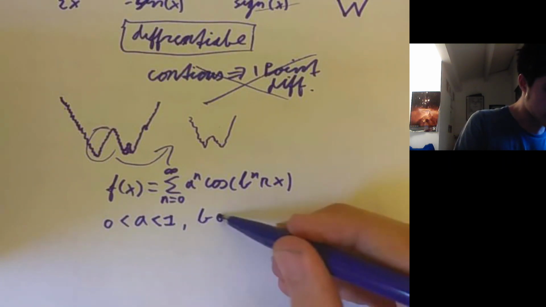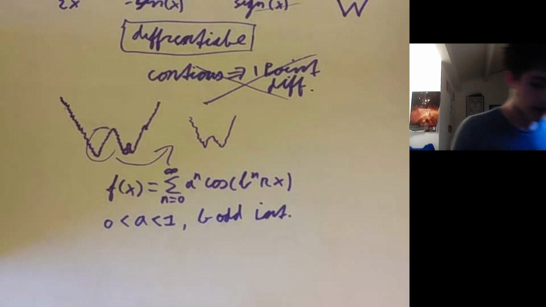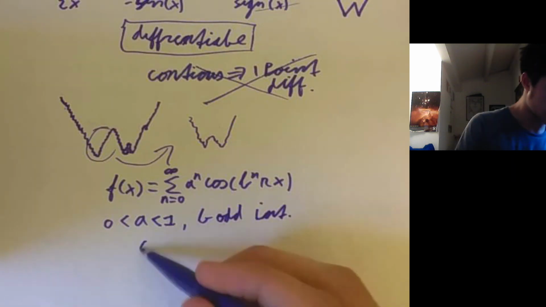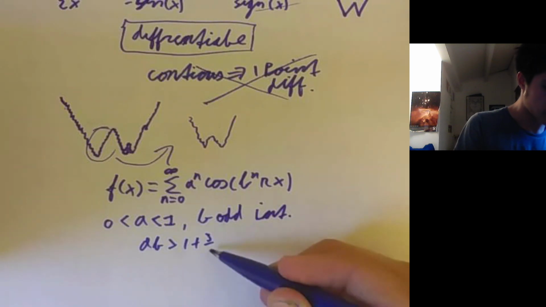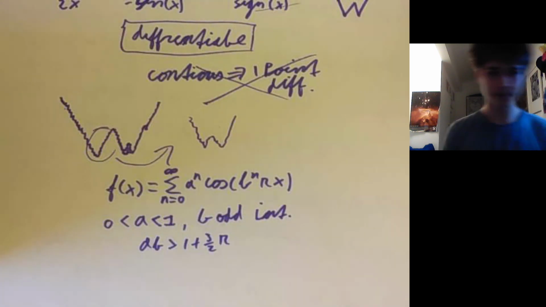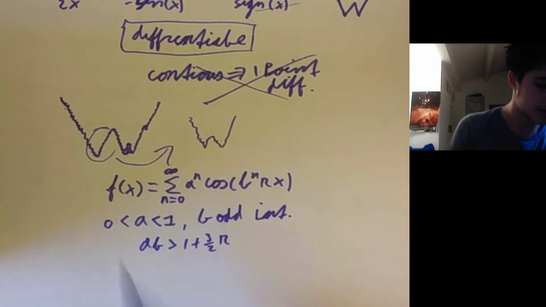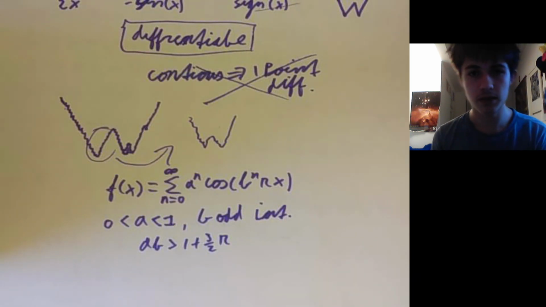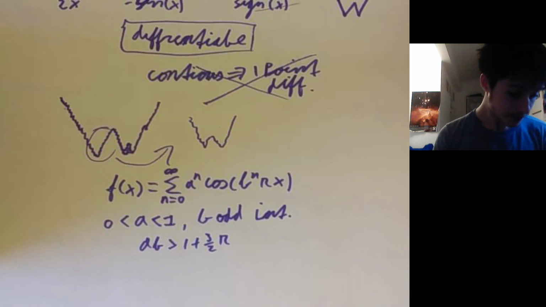We want b to be an odd integer, and furthermore we want a times b to be bigger than 1 plus 3/2 pi. The first odd integer b for which there exists such an a will be 7, but that doesn't really matter.